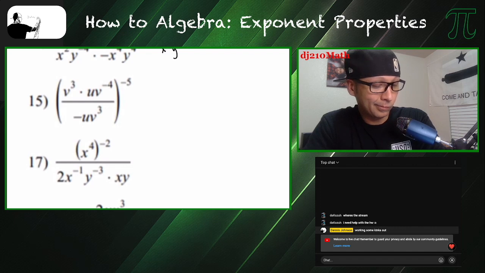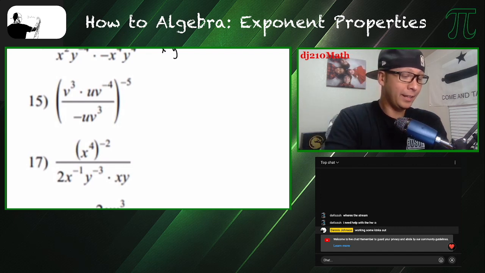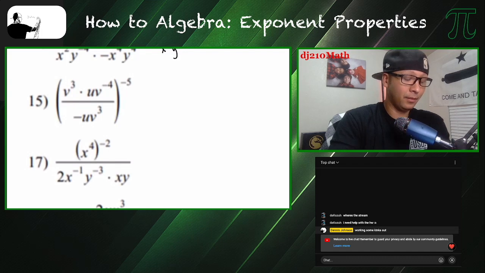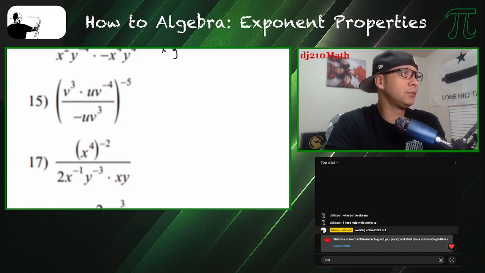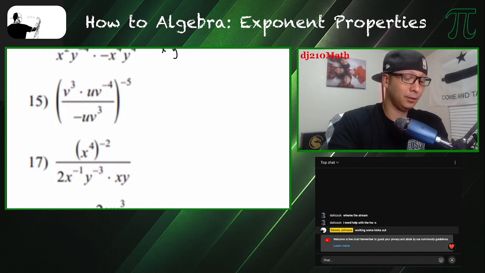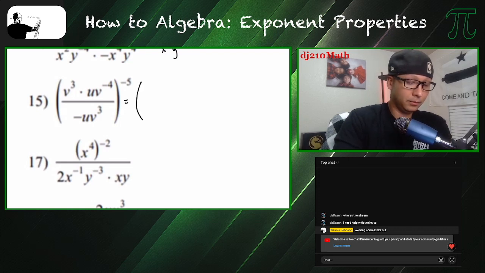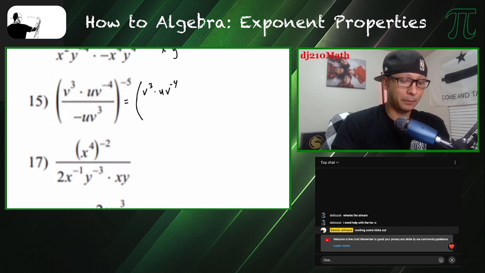All right, the negative in the exponent. So we have a fraction with the negative exponent. So I'm going to flip the fraction and lose the negative sign. Actually, I'm supposed to be flipping this.